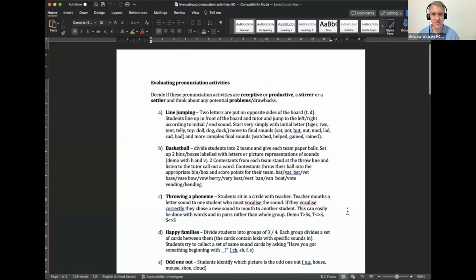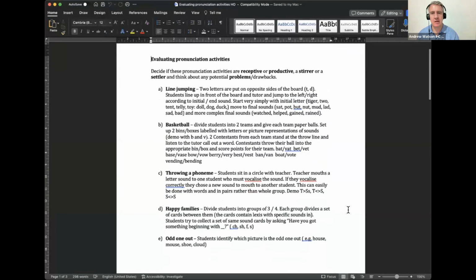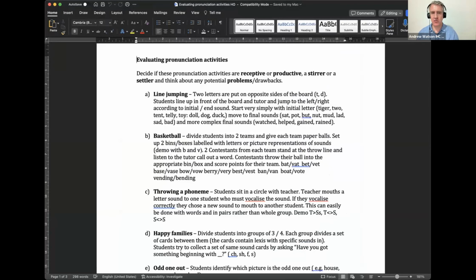Okay, so we're going to look at 1, 2, 3, 4, 5 pronunciation activities. And they're all to do with single sounds, individual sounds. Okay, but they involve the students in different ways.